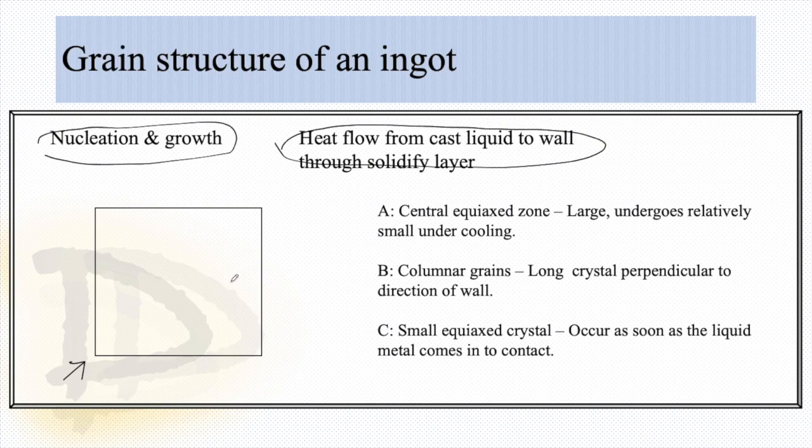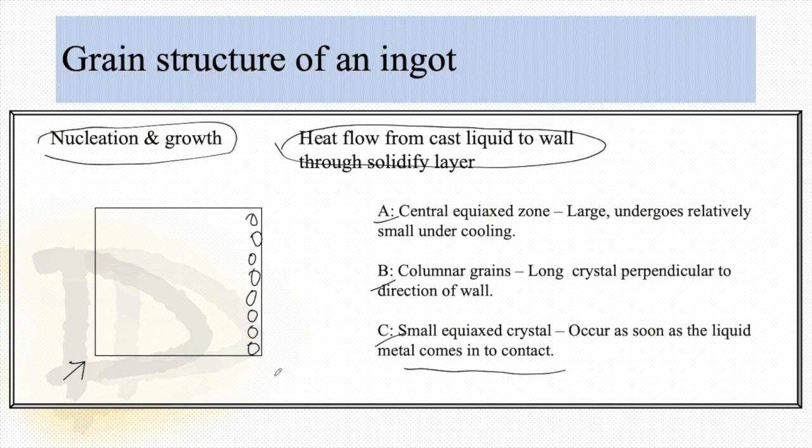If you cool the cast liquid, it shows three different grain structures. At the edge near the liquid walls, it forms tiny particles, small equiaxed crystals that occur as soon as the liquid metal comes in contact.